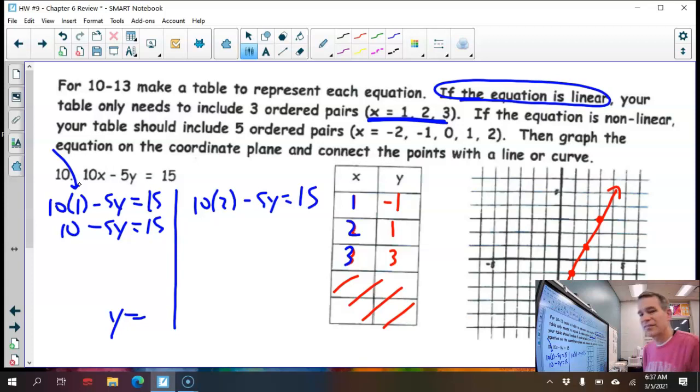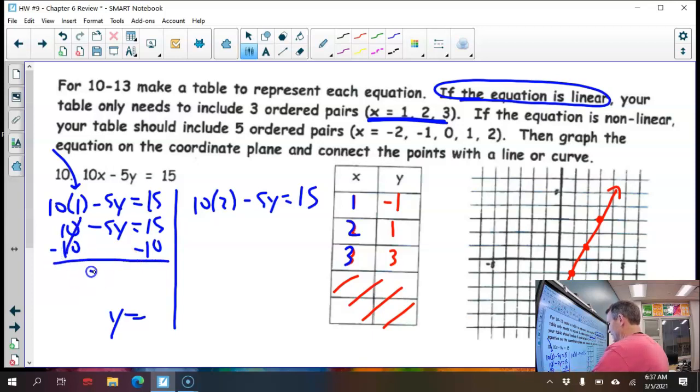So I'm going to do that by solving for y. I'm going to subtract 10 from both sides, trying to get the y by itself. And it gives me 5. And then I'm going to divide by negative 5 on both sides to cancel that out. And I get y equals negative 1. So when I put 1 in for x, I get negative 1 for the y value.